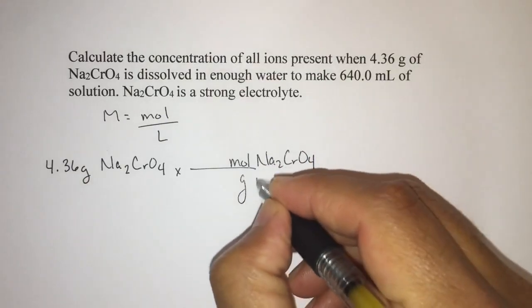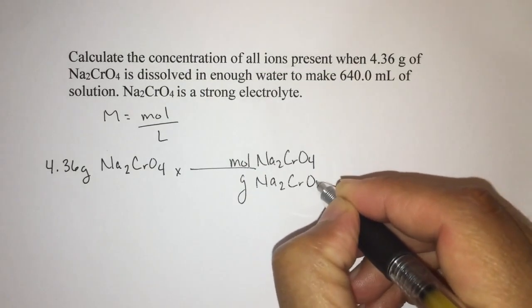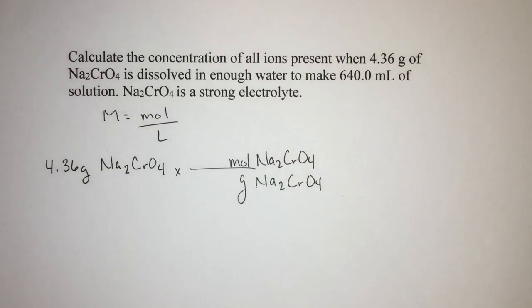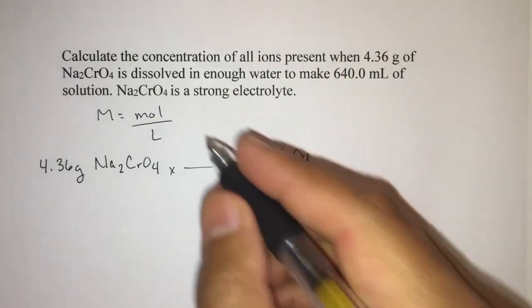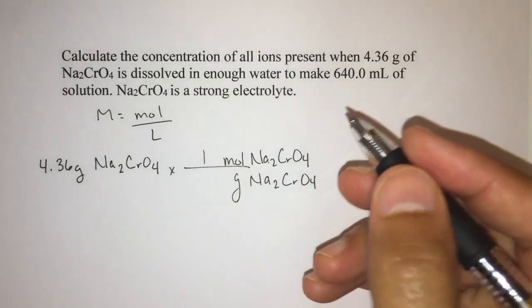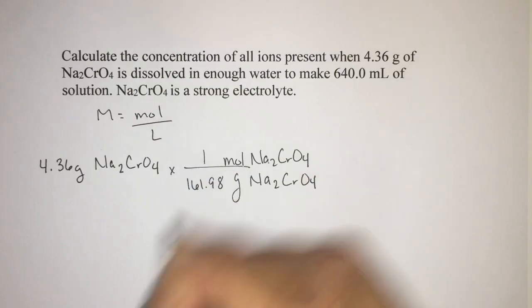Cancel the grams of the sodium chromate, so the grams of sodium chromate go in the denominator. Now, the molar mass here, grams per mole, 1 mole of sodium chromate is 161.98 grams.